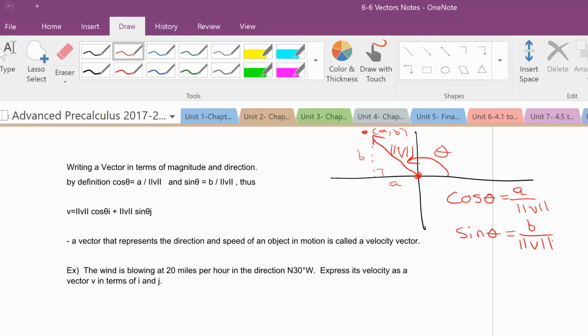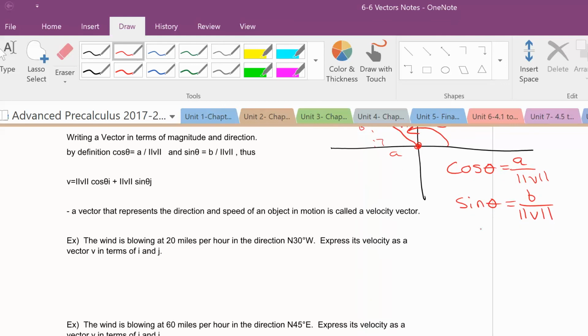So, if we were to multiply both sides by the magnitude, we get that the magnitude of V times the cosine of theta is equal to A, and the magnitude of V times the sine of theta is equal to B. So, you know how we had Ai plus Bj as a vector.